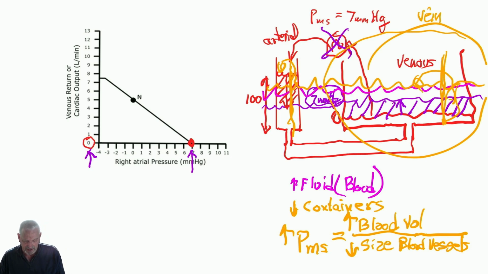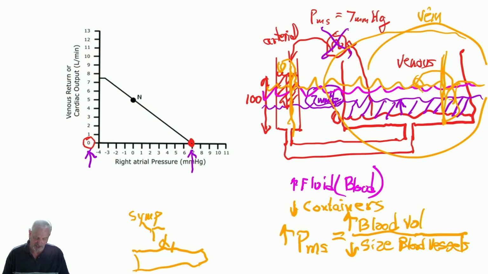So the main thing that determines size of the veins, okay, is the fact that the veins have alpha 1 receptors on them. And if the alpha 1 receptors are stimulated by sympathetic, they cause constriction of the blood vessels. And if you remove sympathetic tone, you get dilation of the blood vessels.